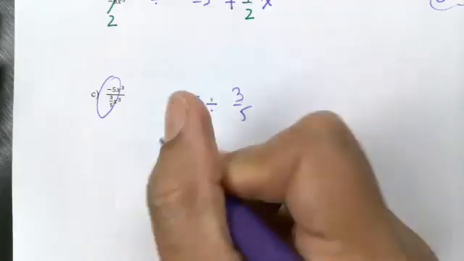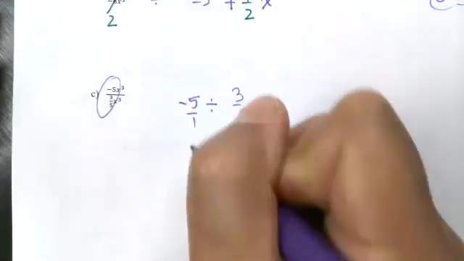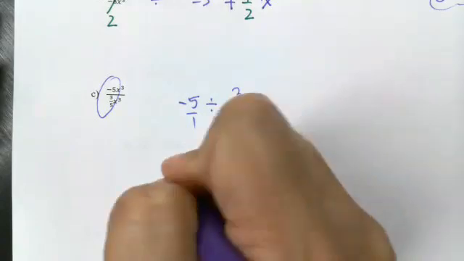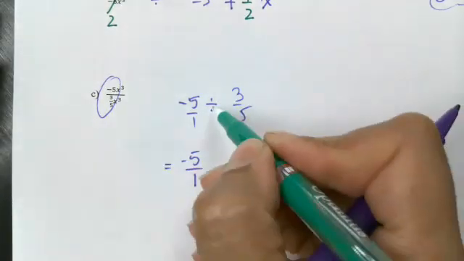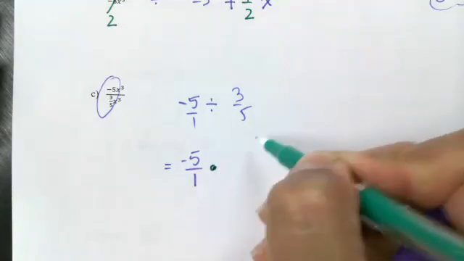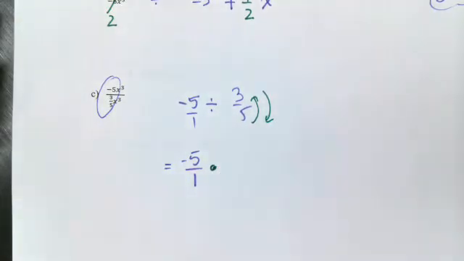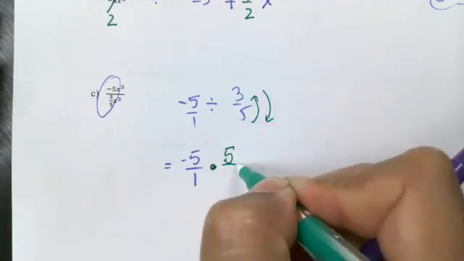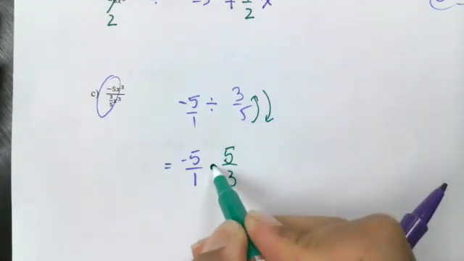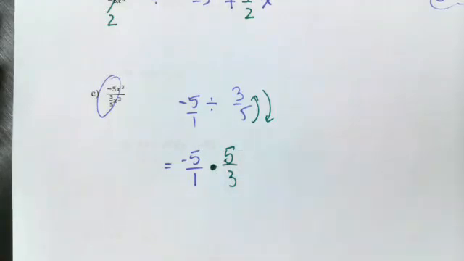And the way we do it is we keep the first fraction, the -5/1, the same. So -5/1. And then we convert the division into times, and then we do the reciprocal of the number that we divide by. So 5/3. We change it into multiplication and then the reciprocal.